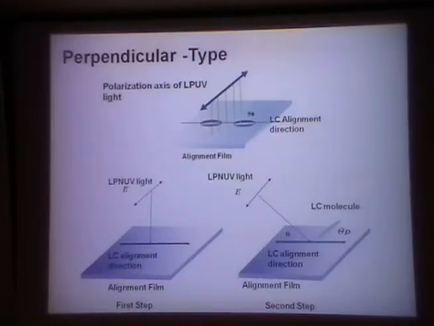So one particular type, there are two photoalignment behaviors, there are two types. One is a class of materials that tend to align liquid crystals perpendicular to the polarization direction of the UV light. So UV light is polarized this way, the final alignment is perpendicular to the polarization direction.